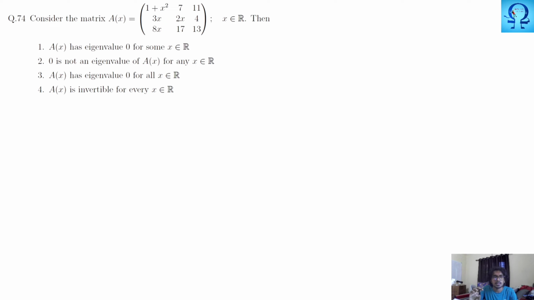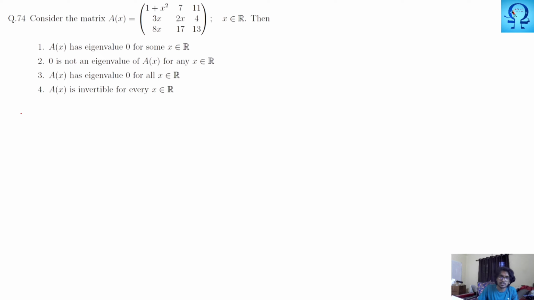Third option says 0 is one of the eigenvalues of A of x for all x. And fourth option says that it is invertible for every x. So I think options 2 and 4 are an if and only if kind of thing. If you prove option 2 is true, then automatically option 4 is also true, and vice versa, right?